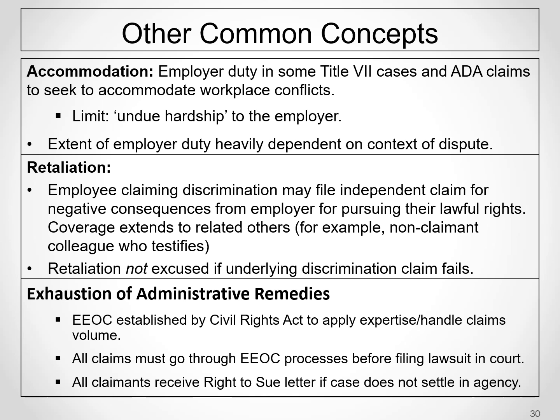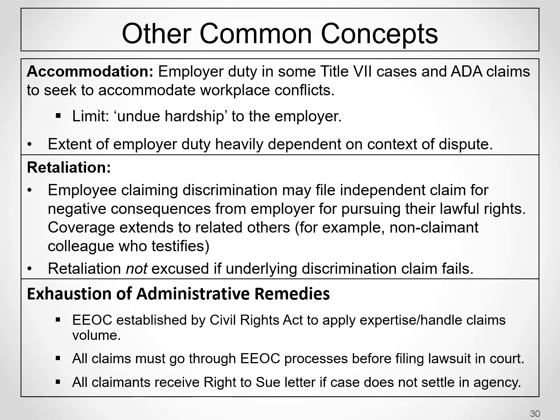Also, it's important to know that Title VII specifically includes provisions allowing employees to file separate claims for negative consequences they experience from pursuing their legal rights under Title VII, if they experience retaliation. So even if the substantive claim of discrimination is not proved in court, so they claim discrimination and maybe they lose on that claim, they can still win on a retaliation claim.